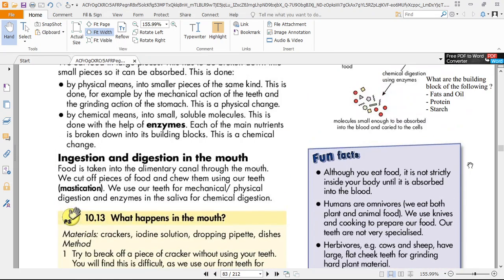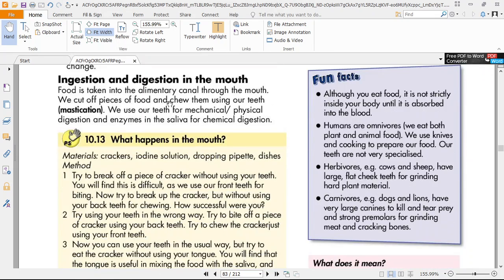Now some important words here: ingestion and digestion in the mouth. When you take in food, we call that ingestion. Digestion is breaking up large food particles into smaller, smoother particles by mechanical or physical means and by chemical means.